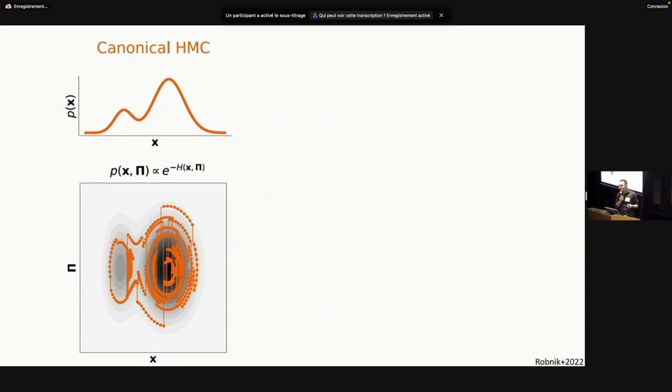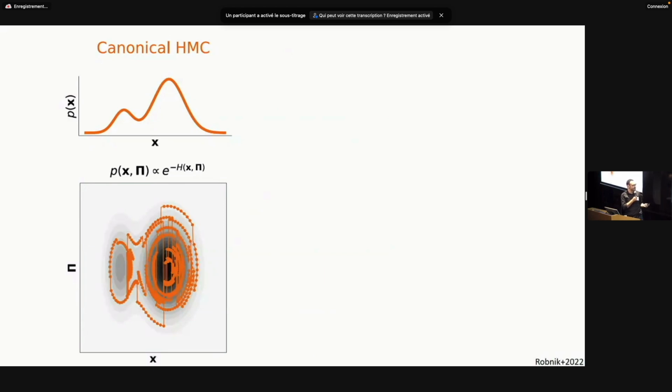And in Hamiltonian Monte Carlo, you introduce some new momentum parameter pi, such that the joint distribution of X and pi is proportional to e to the minus H, where H is the Hamiltonian. And then the Hamiltonian is derived such that when you marginalize the joint distribution over pi, you get P of X back. And then once you have your Hamiltonian, you can derive the equations of motion and follow these equations of motion to get samples of your parameters.